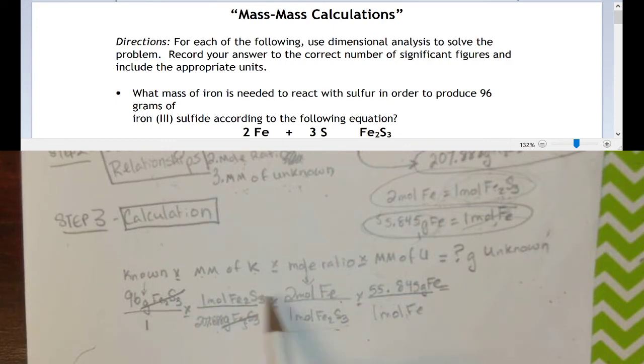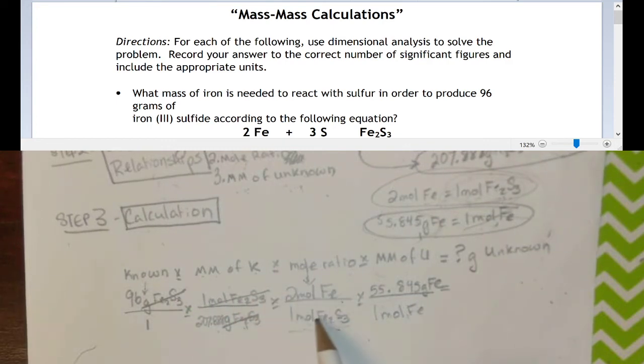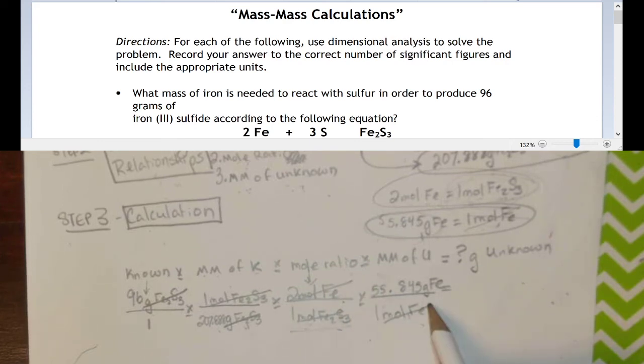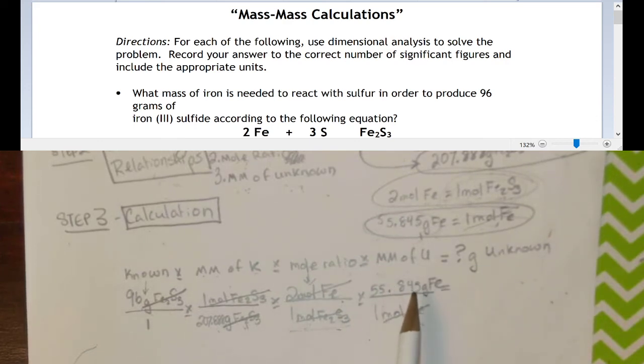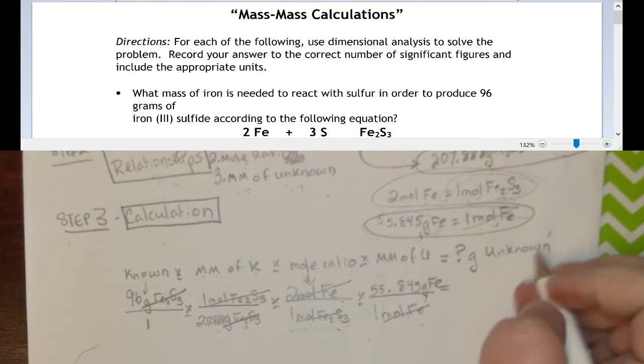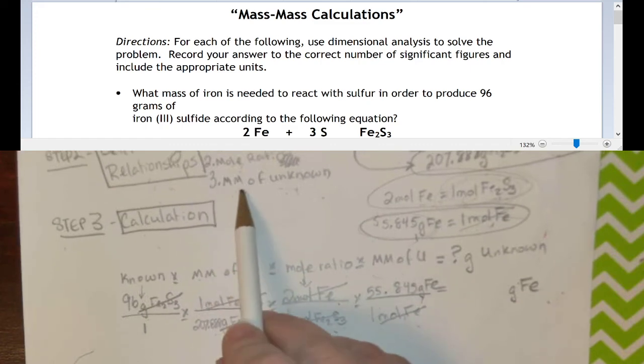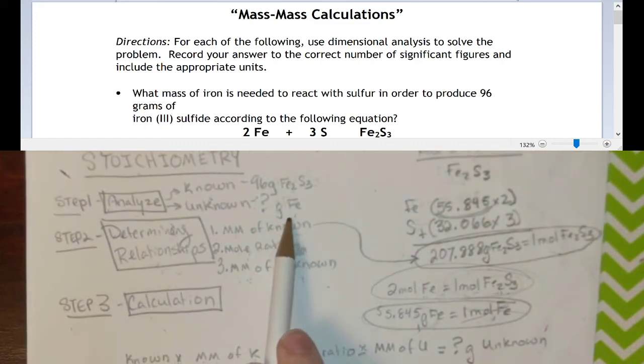Here, mole of iron sulfide, it's the same diagonally, it's the same on top and bottom. So they cross out, they cancel. Mole of iron, these cancel. We are left with what unit? That's right, grams of iron, which is exactly what we were trying to look for in our unknown.